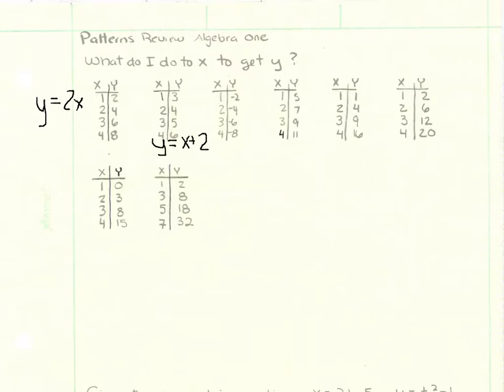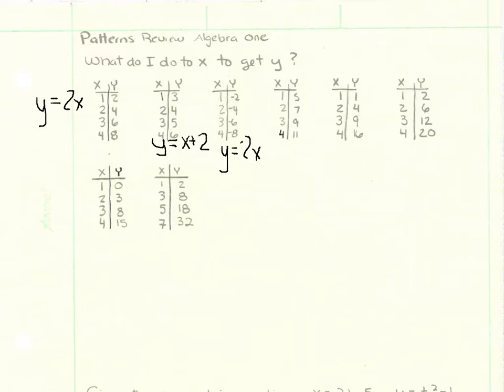And a lot of times it's fairly easy to find a pattern. You wouldn't need anything fancy like a parametric to figure it out. Like in this next equation, I'm looking at 1 times negative 2 is negative 2, 2 times negative 2 is negative 4, 3 times negative 2 is negative 6, and so my equation is y equals negative 2x. They're all multiplied by negative 2.